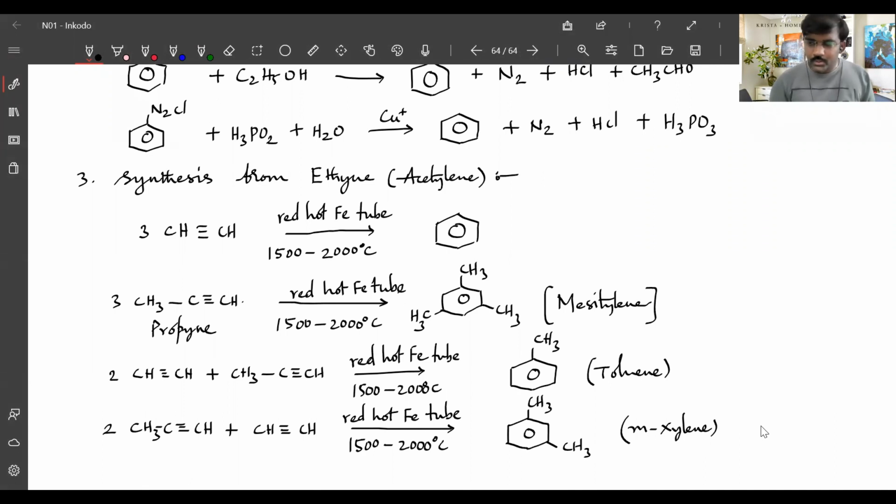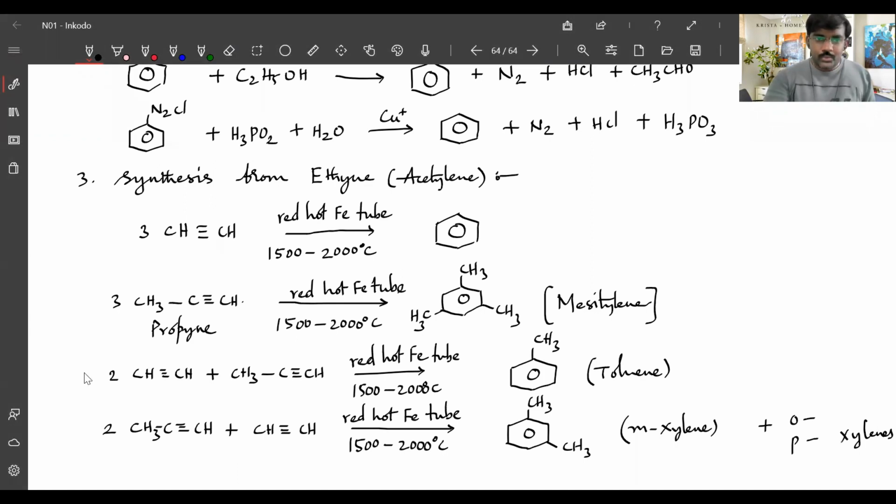You can also get ortho and para isomers, all the combinations. All the xylenes, meta, para, ortho, you'll be getting from it.